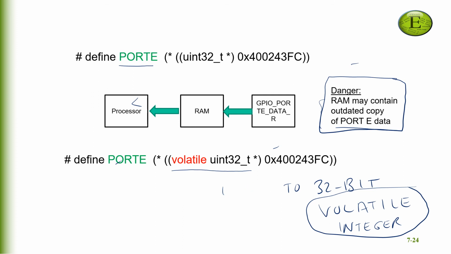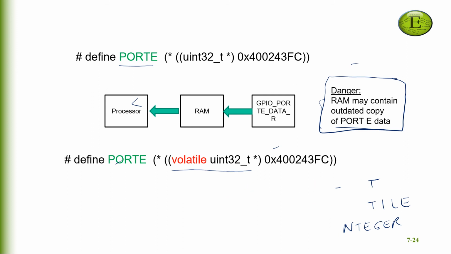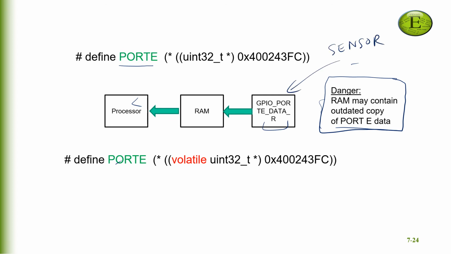As an example, in case of our port E data, it is possible that our code does not change data on port E, but there's a sensor that is changing. The sensor has changed its output, and the output bit available at port E has been changed.